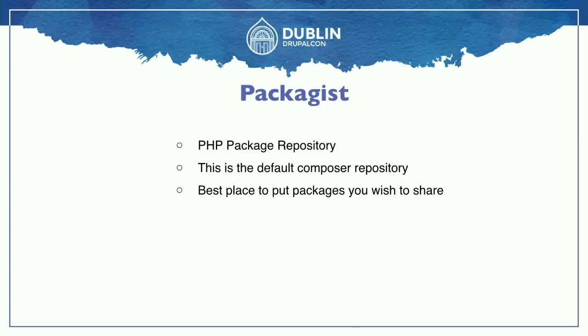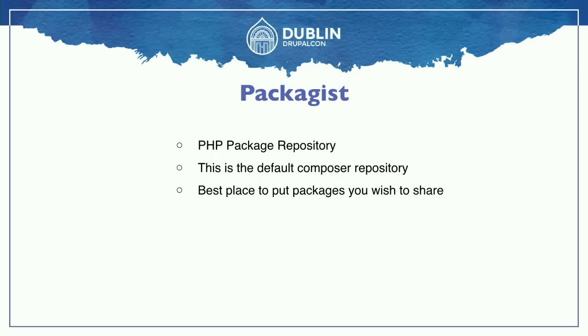So you don't need to add any links or URLs to say, hey, when I ask for this library, go out to this place and get it. It's automatically going to look at Packagist. So if you were going to write a piece of code and you want other people to use it, the best practice is to create your package and then submit it to Packagist. That way, anyone using Composer in any project now has access to the code that you wrote and can pull it into their application.